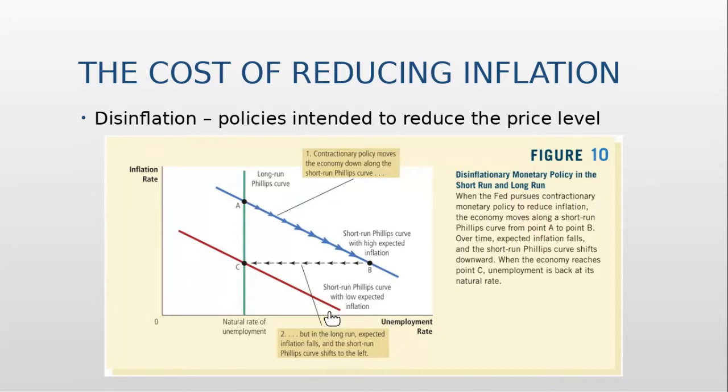But the short-run Phillips curve then returns to point C as it adjusts with lower inflationary expectations. So in the long run, expected inflation falls and the short-run Phillips curve shifts left, meaning that we have successfully created a lower inflation rate. This is exactly what happened in the late 1970s when the Fed chair by the name of Paul Volcker took an aggressive action and policy response to reduce the money supply to fight off dramatically increasing inflation.